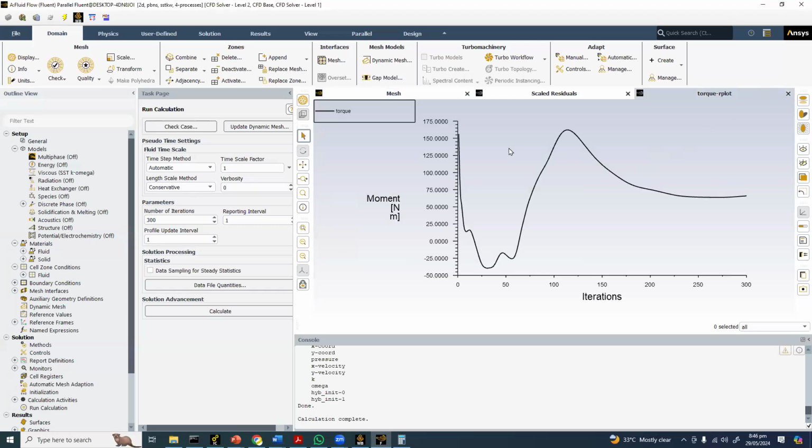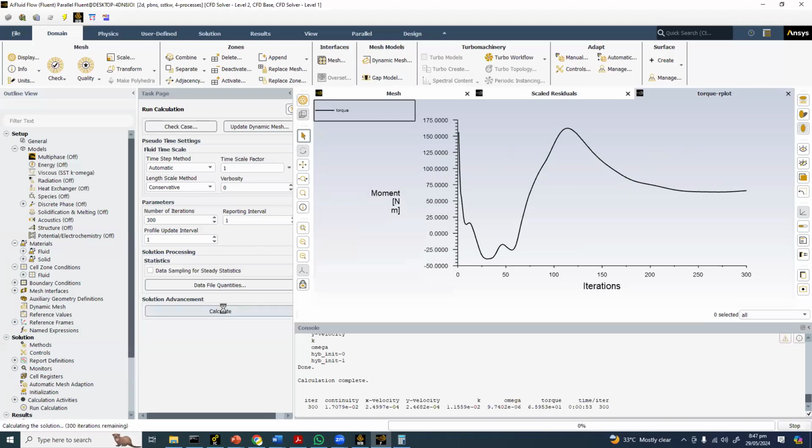We can see it is still converging. You can run for more iterations.